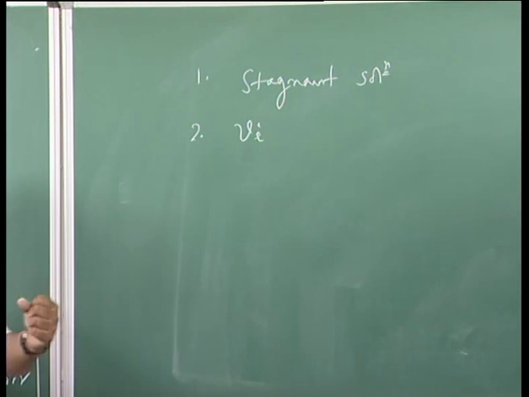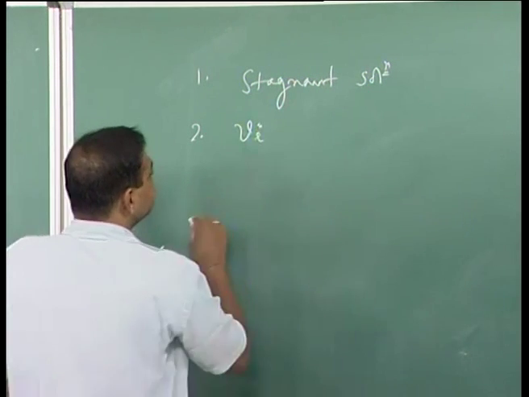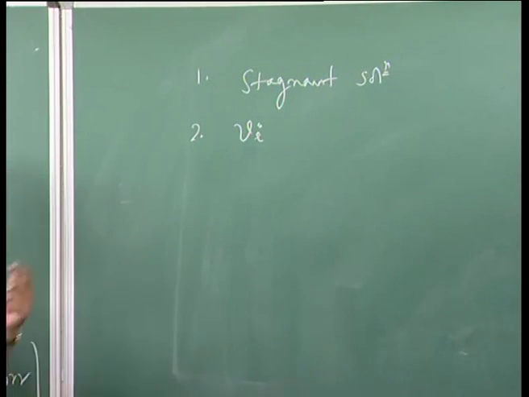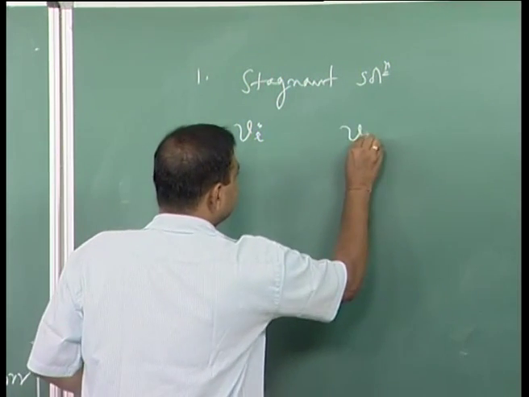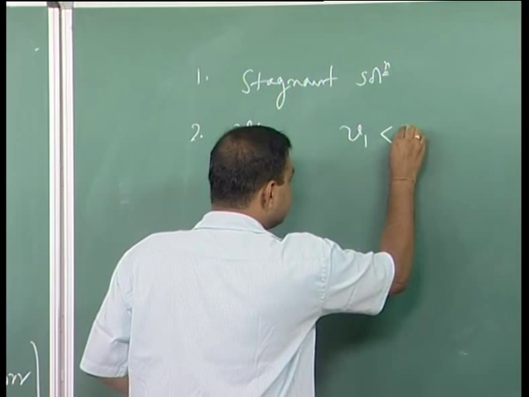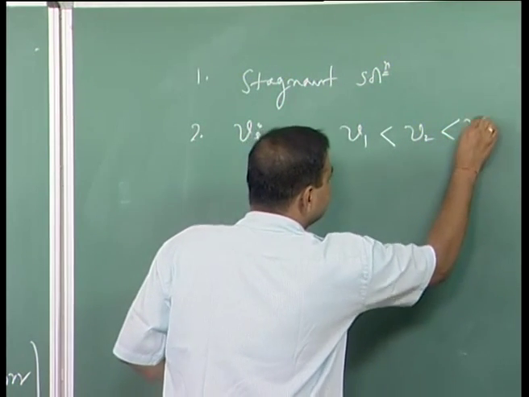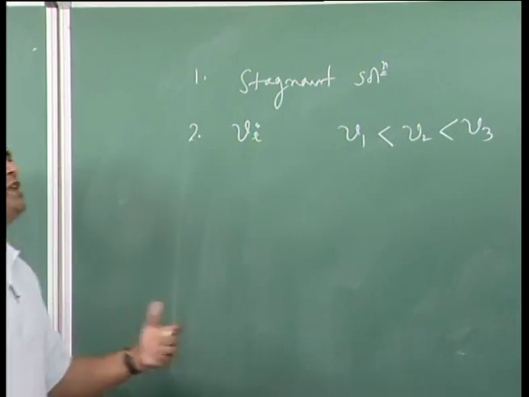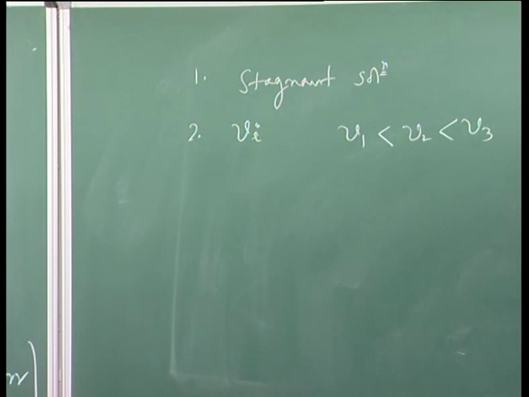Gradually, if you churn the solution, the velocity of the solution increases. So, Vi means, let us say, I have three situations V1, V2, V3, with V1 less than V2 less than V3. So, gradually you are increasing the velocity in the solution.